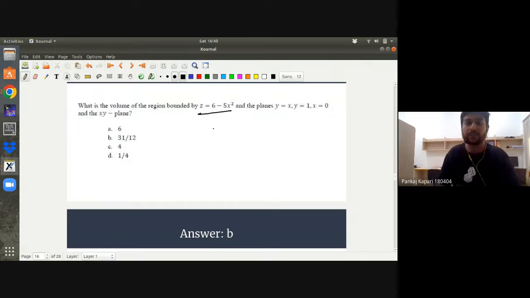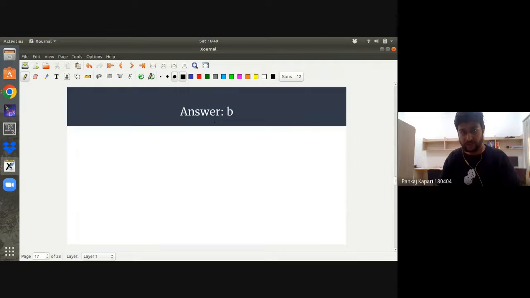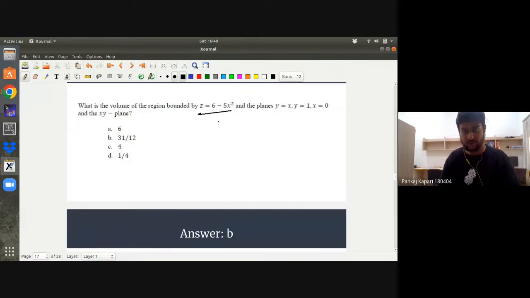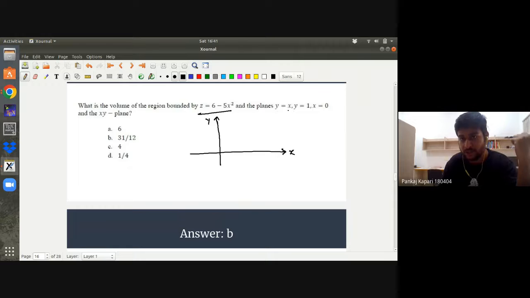So let's first draw the domain of this function. This is our xy plane. The region is bounded by z equal to 6 minus 5x square. This is a surface in xyz coordinates in three dimensions, and we are taking the projection in the plane.